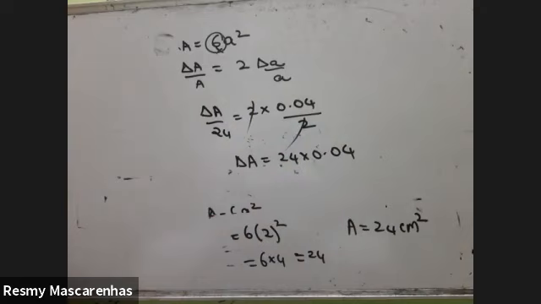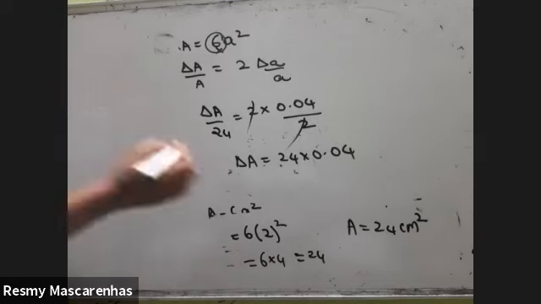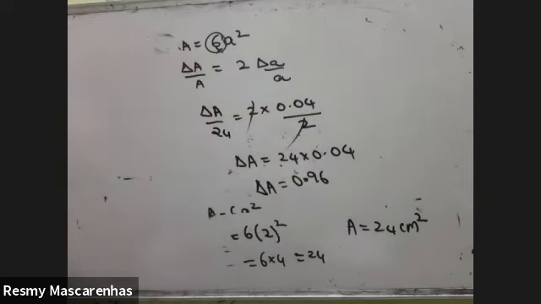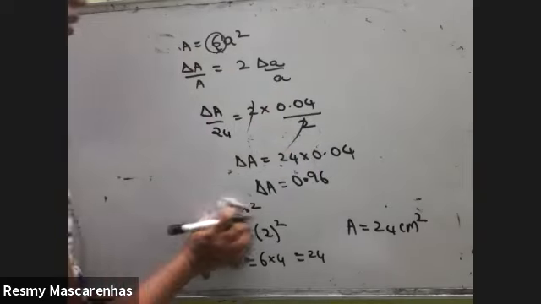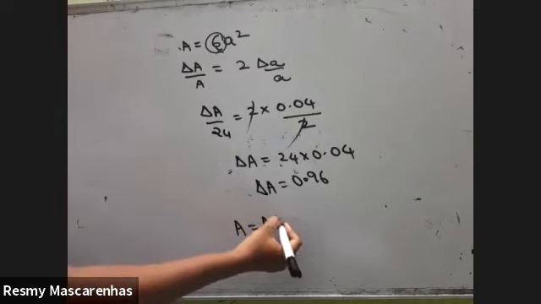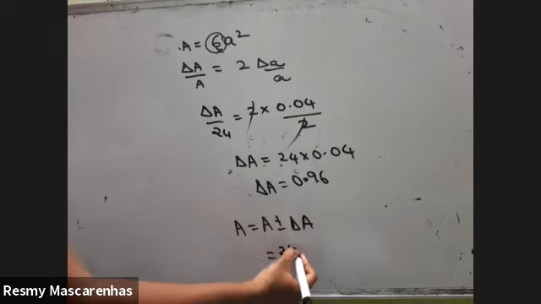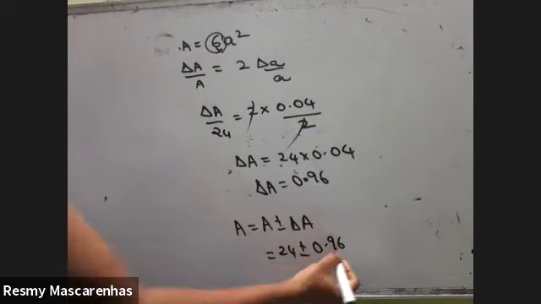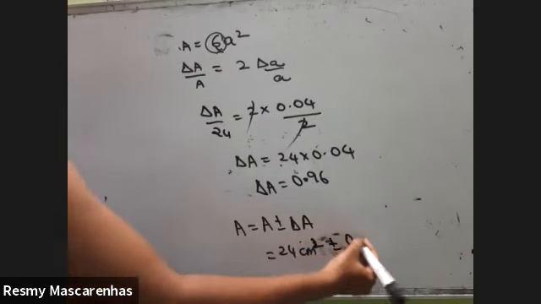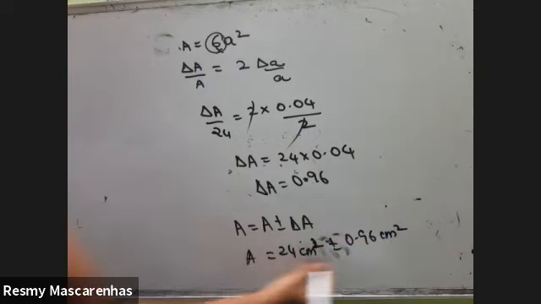How much are you getting? 0.96. Yes. Basic calculations, if you always make mistakes, then no point. Delta A will be 24 by the units square.